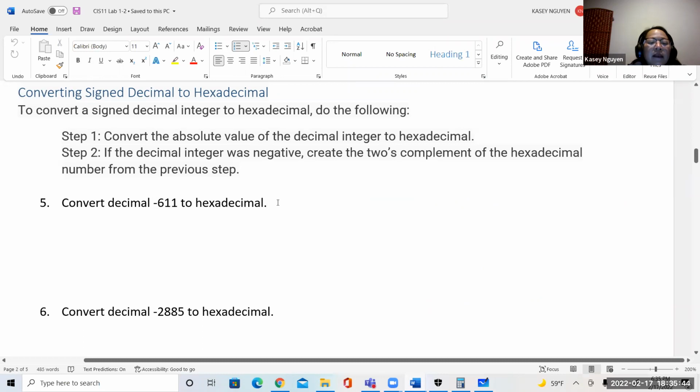First we gotta get this to hexadecimal, and then we are going to convert that to a negative by doing the two's complement.